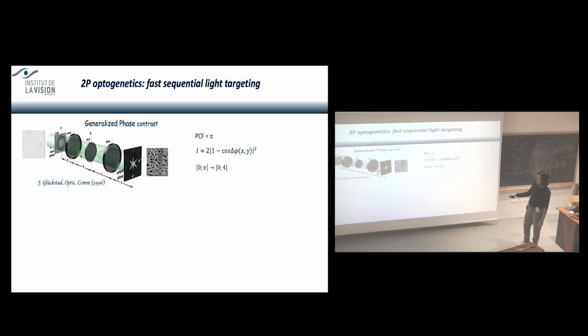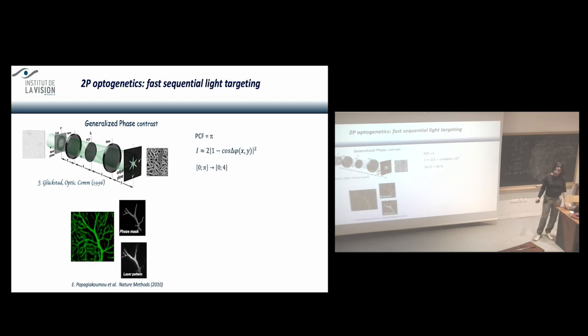So we have intensity in the region that you want to pattern, and black everywhere else. Again, you can use this for light patterning. Somehow it is easier than holography: you take your image, and you decide the region that you want to illuminate.